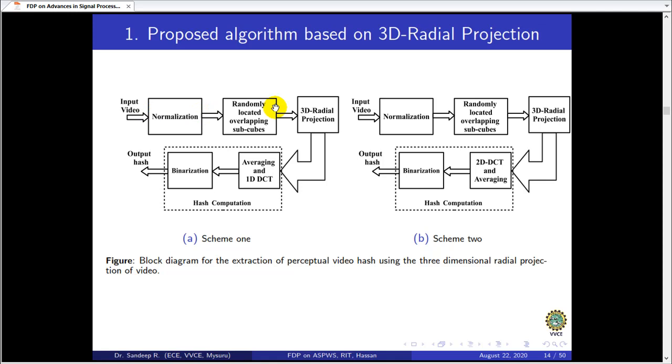Once we do that, depending on a secret key, we choose a number of overlapping subcubes such that they cover the entire cube, and for each subcube we apply the three-dimensional radial projection technique. By applying that, we get 32,400 variance values. Suppose we have 32 subcubes, then we will have 32 arrays of variance, and each array of variance will have 32,400 variance values.